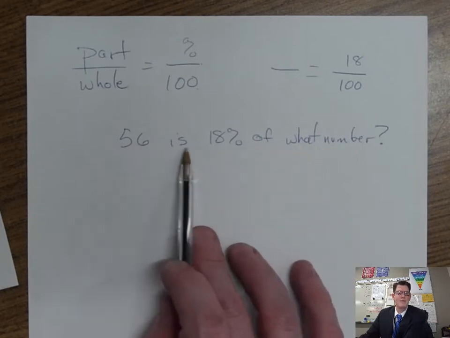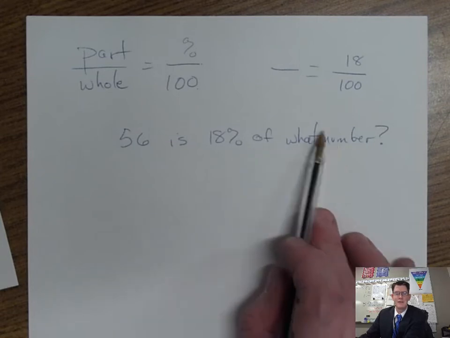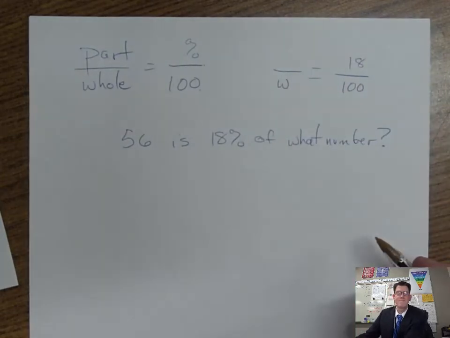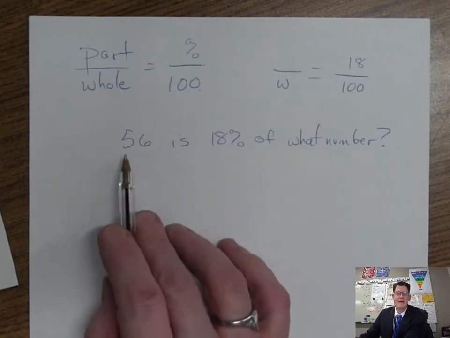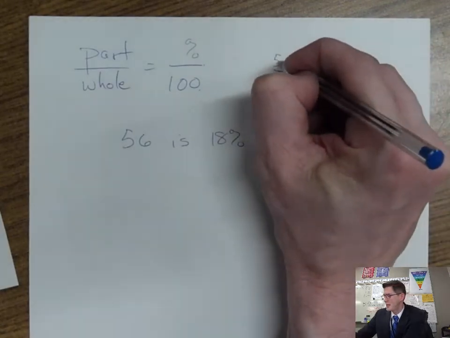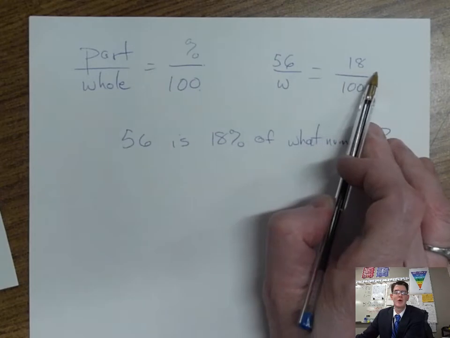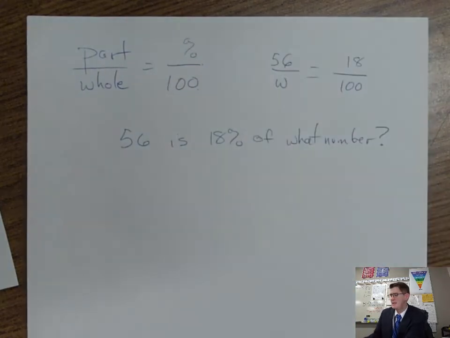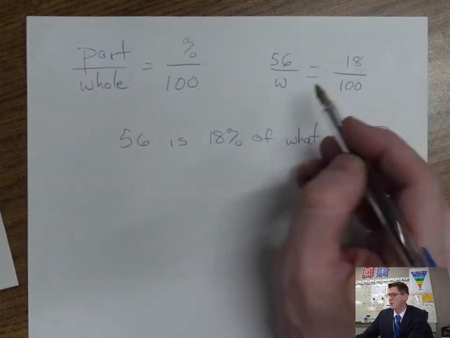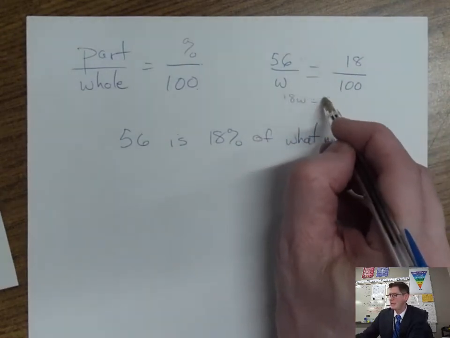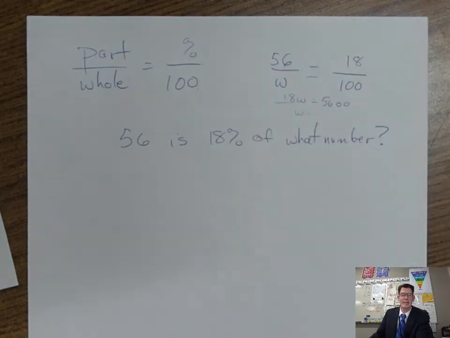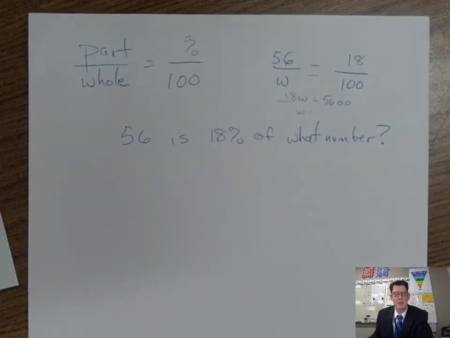It's 56 of a number. So that number's on the bottom. And 56 is the part that we're talking about. 56 correlates with the 18 because the 56 is the 18%. And then we would solve it by cross multiplication. 18 W's is 5,600, and divide both by 18 and get an answer. That's the percent proportion.